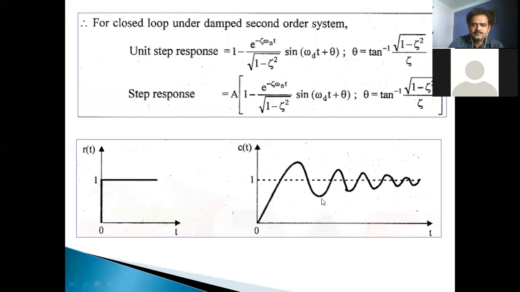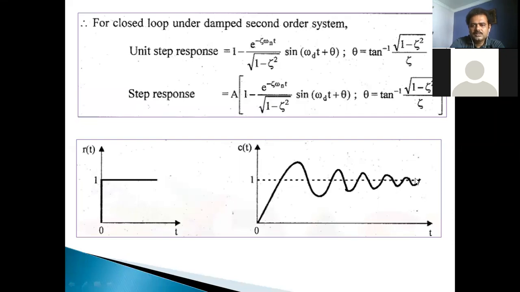If we substitute values for different values of time, you will get a response something like this. This is a second order system response when the input is unit step. Unit step means when the input is given like this, the system reaches the final value.